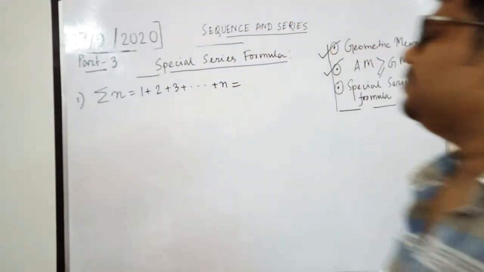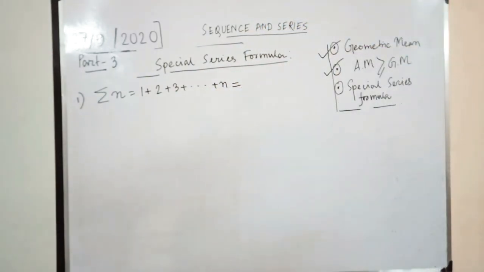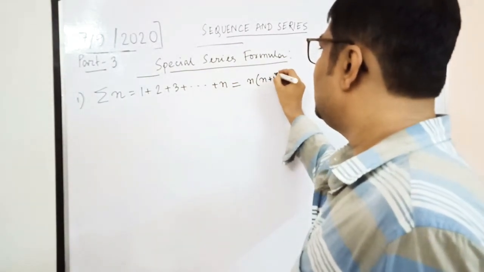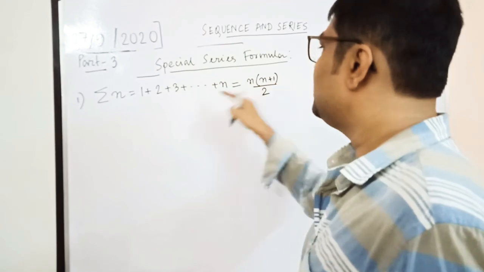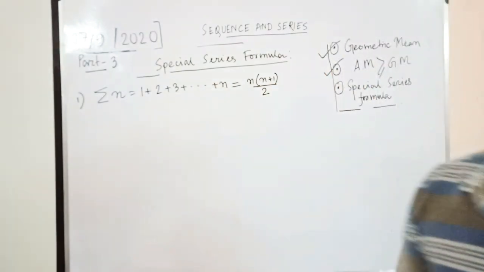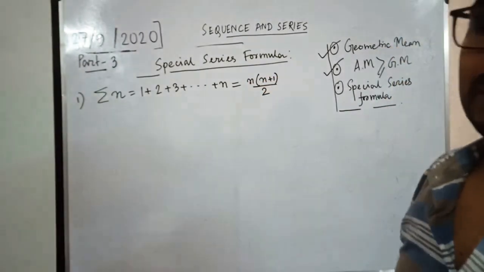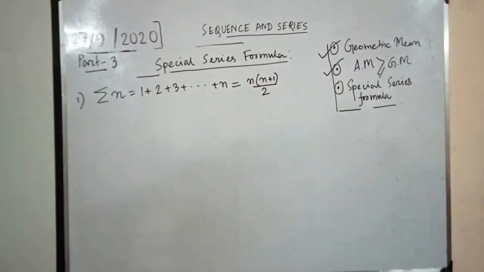If you add up these numbers, the formula is n into (n plus 1) by 2. You can put any number, say if you take 10 numbers, it will be 10 into (10 plus 1) by 2. That is how it works.